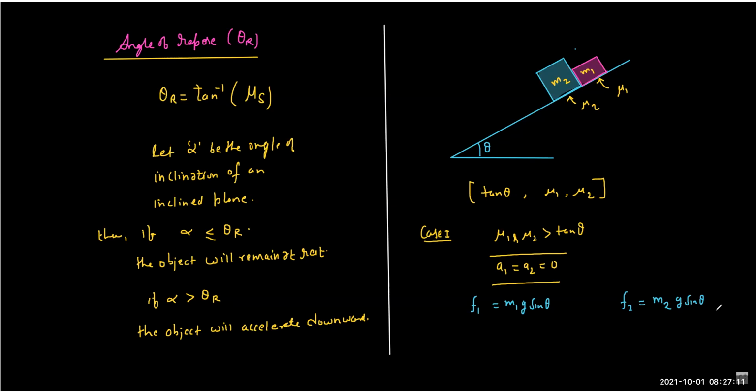So obviously the weight component acting down the plane is balanced by the friction itself, and that is why it is not moving. So here the limiting question will never come. You are well within the range of static friction, and therefore it is not able to move.